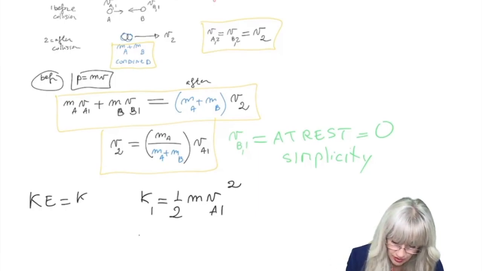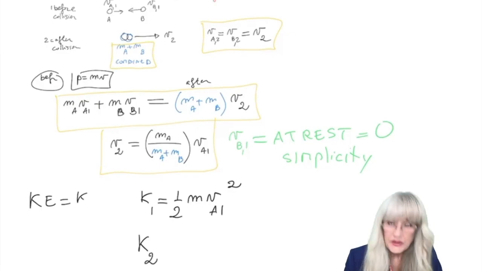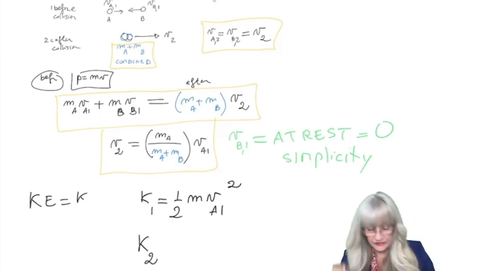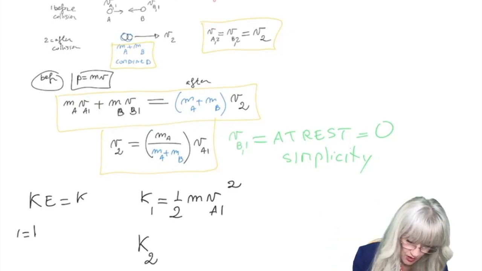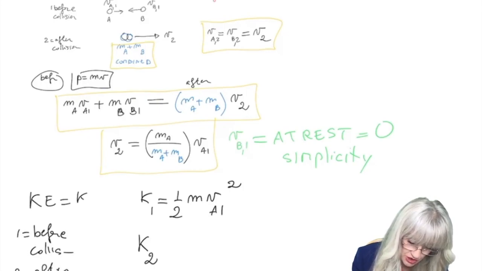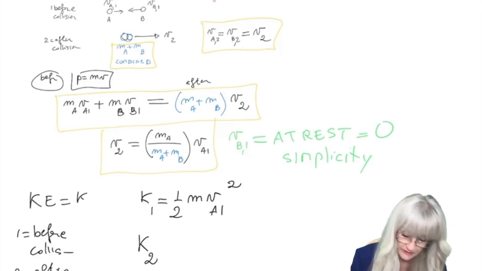What is the kinetic energy of these two bodies after the collision? Because remember, 1 is before collision. So now I'm going to quantify with 2 the kinetic energy after collision.